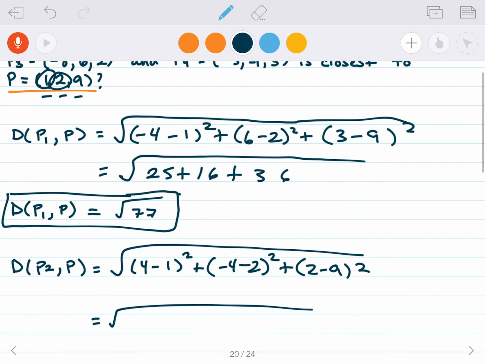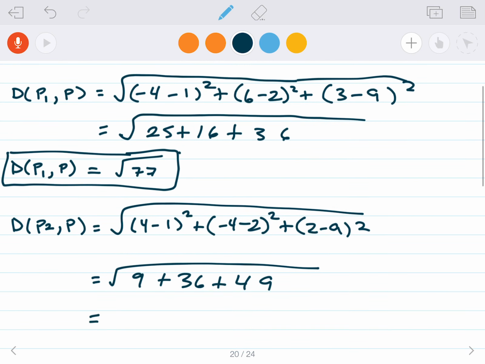So this is going to give us 9 plus 36 plus 49. That's going to give us a square root of 94.